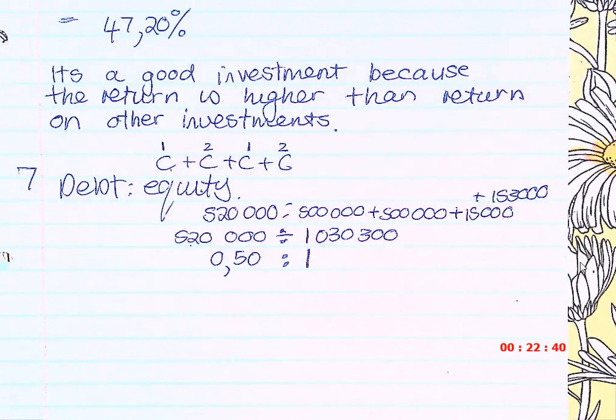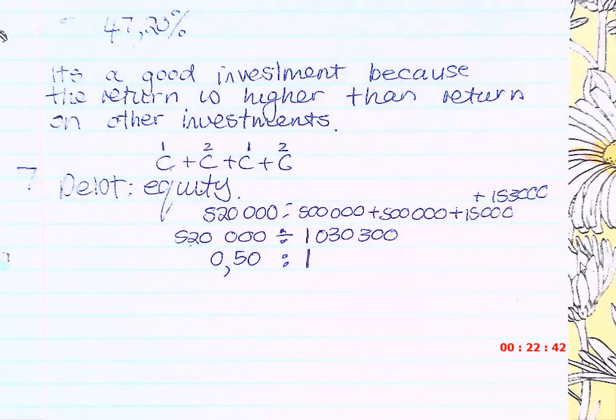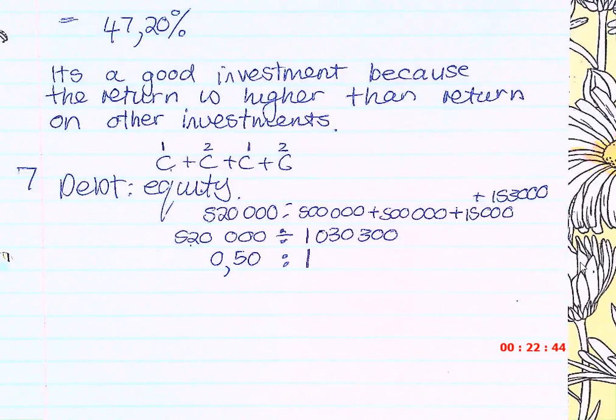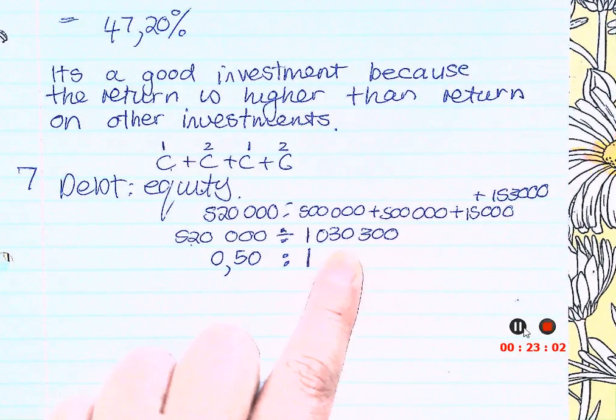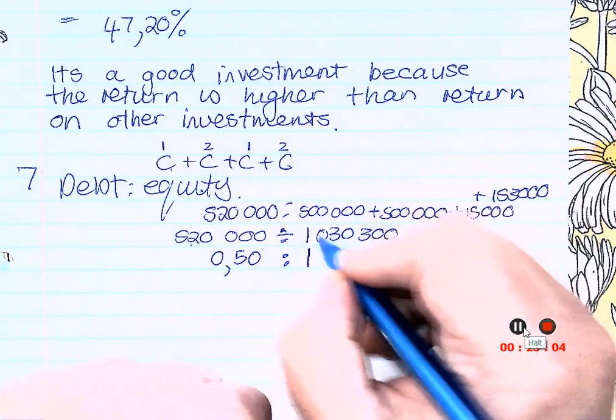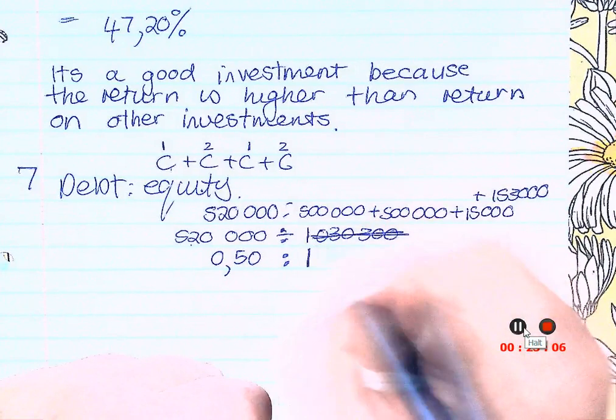Now it's right in the middle. So now if I go look, did they give me a debt to equity ratio from last year? No, they didn't. So this total is wrong, so it's not 0.5, thank goodness.